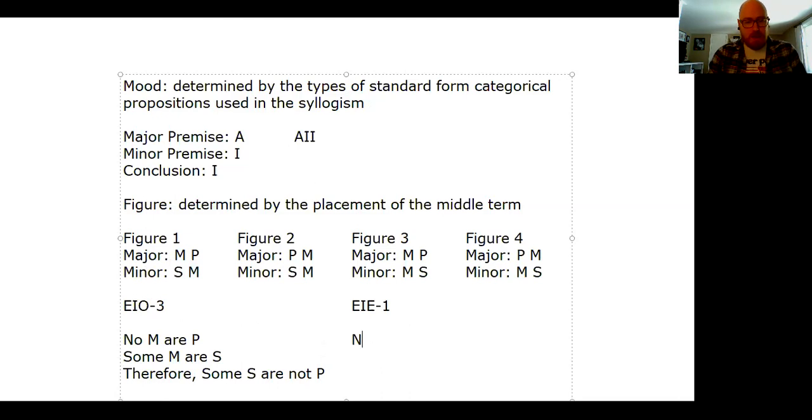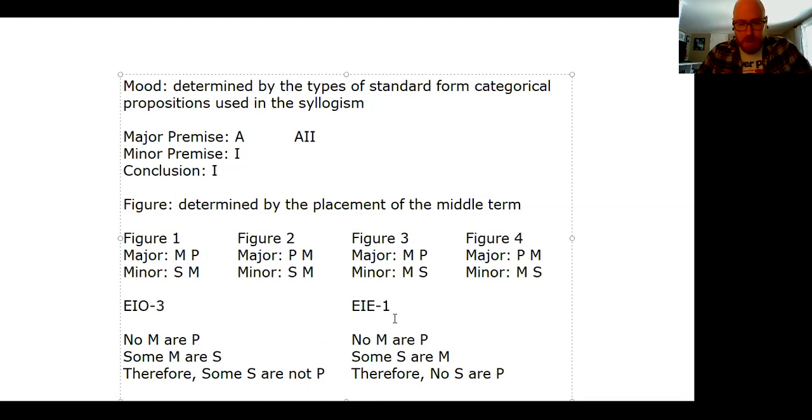So that would be no M are P. The minor premise is an I statement, and we're in figure 1, not figure 3, so that would be some S are M. And our conclusion is another E statement, so that would be therefore no S are P. So: no M are P, some S are M, therefore no S are P.